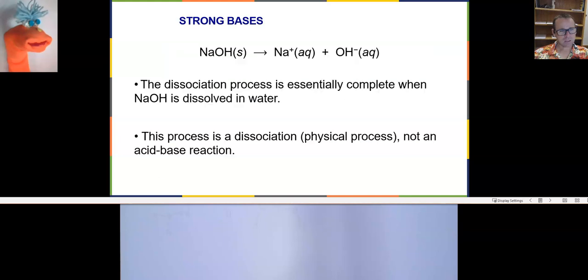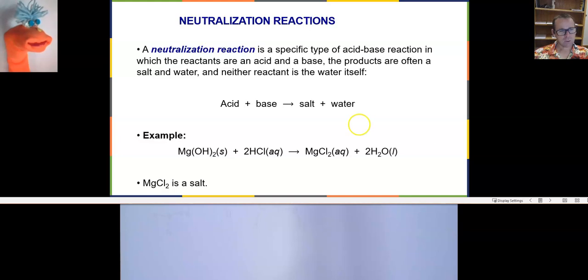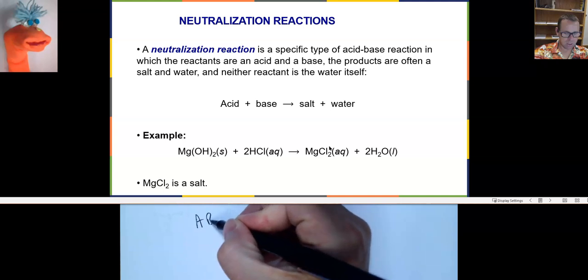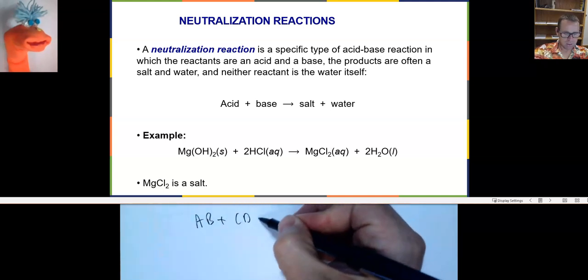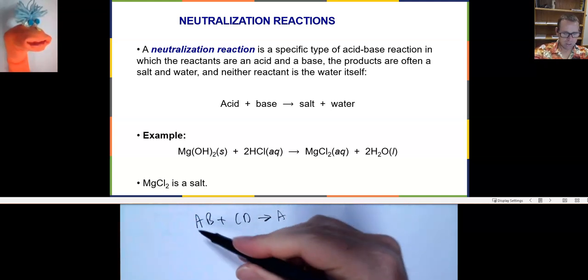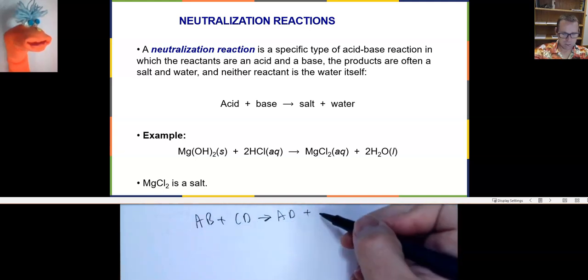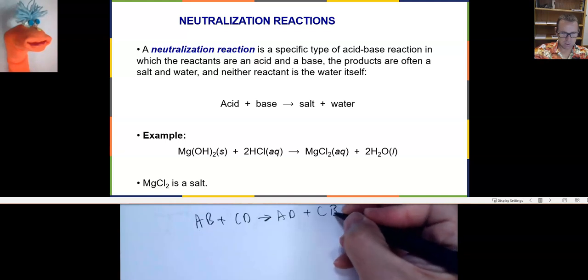All right. Now, if we take a base and an acid, we can see that they will form products following this same pattern that we've talked about. A, B, C, D, forming A cation with a new anion, D, and C cation with a different anion.